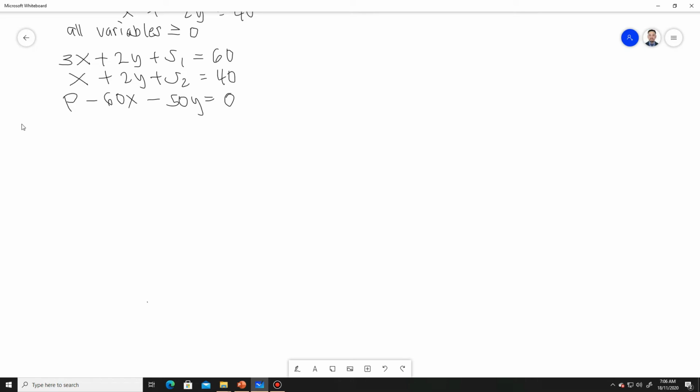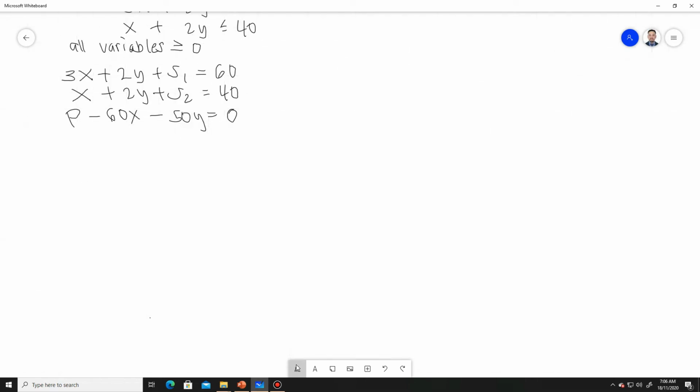So, in our first table, in the columns, we will put the variables. We have x, y, s sub 1, s sub 2. We will also include the right-hand side and the ratio.